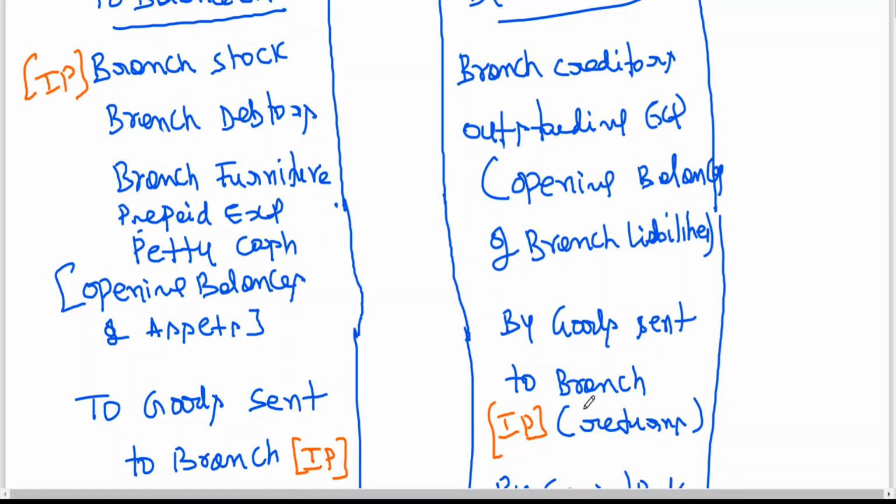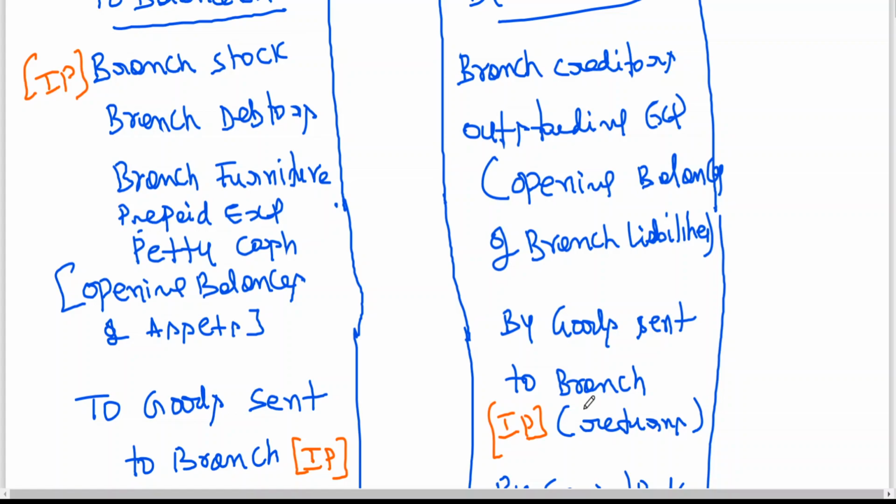A. For adjustment of load on opening stock: Stock reserve account debit to branch account.